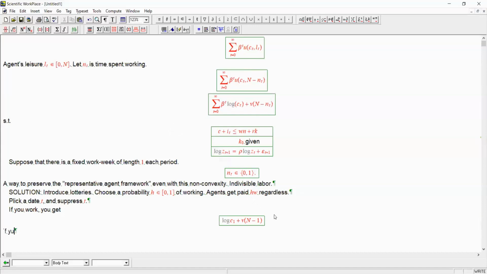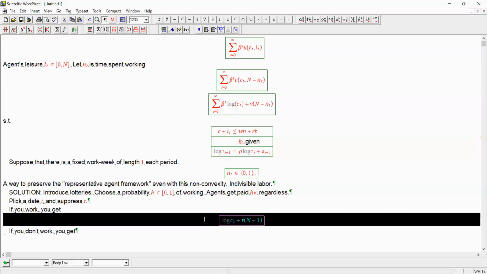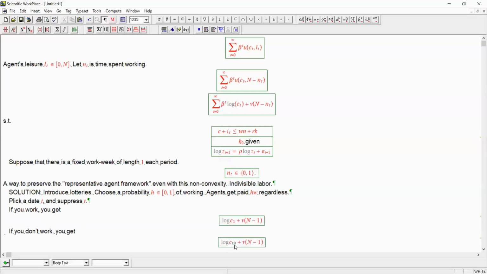If you don't work, you get C0, but you get more leisure.